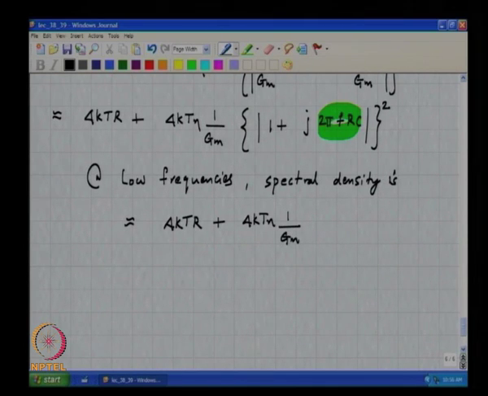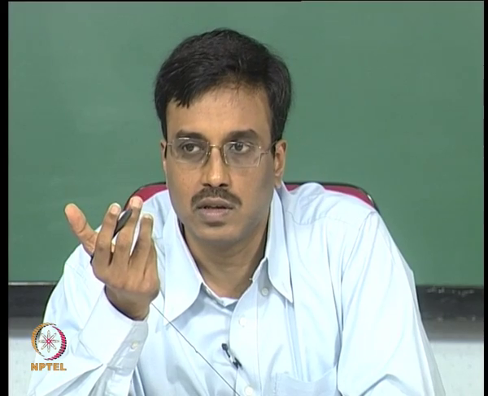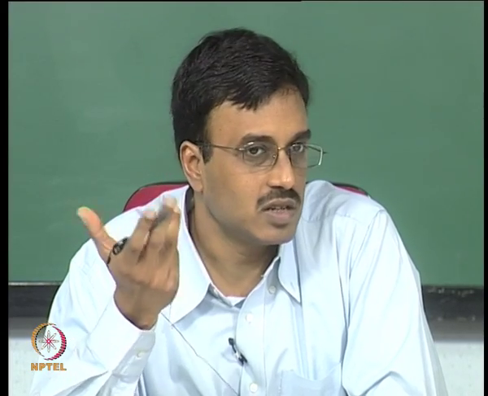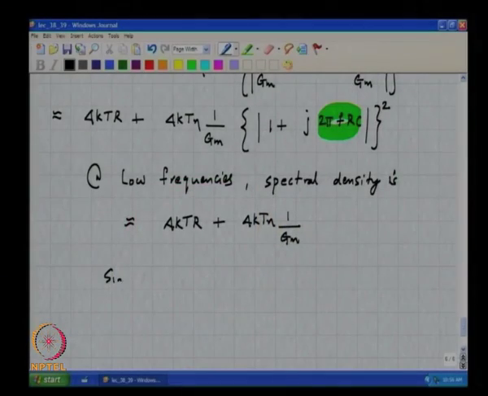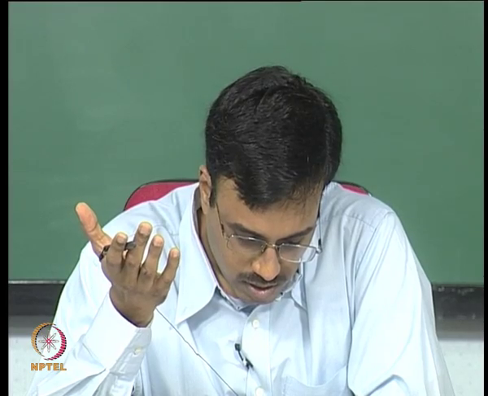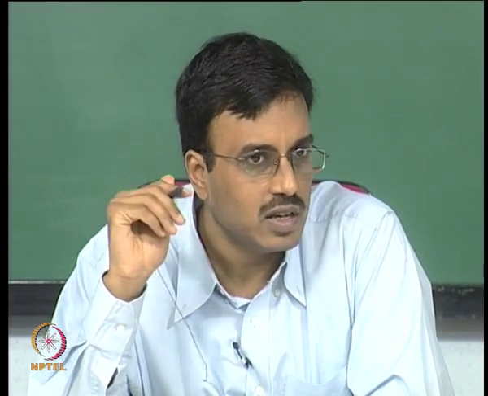Understand? And if GMR is much larger than 1, which do you think is the dominant source of noise? The resistor is the, I mean, since GMR is much larger than 1, usually done to make sure that the unity gain frequency of the integrator is 1 by RC. We see that the noise contribution is largely because of the input resistor.